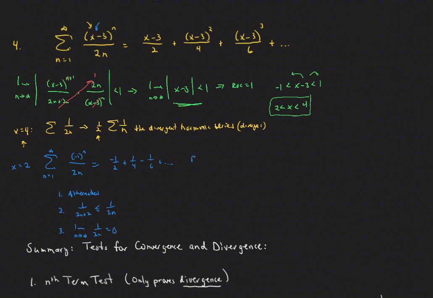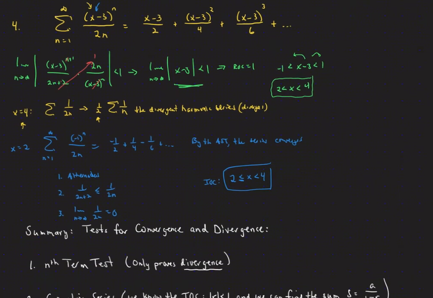So we can conclude by the alternating series test, the series converges. So we end up with, at the end of the day, we're going to include that left endpoint, but not include the right endpoint, and that is our interval of convergence.